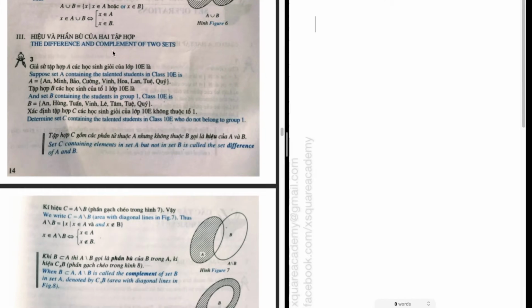Part three discusses the difference and complement of two sets. Coming back to the example about class 10, suppose set A contains the talented students in class 10E, and set B contains the students in group 1, class 10E.